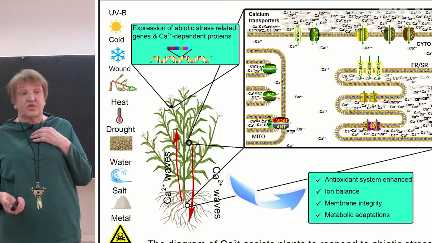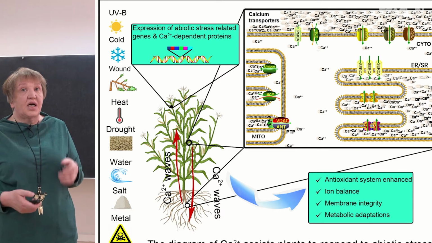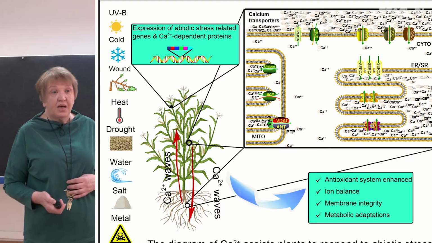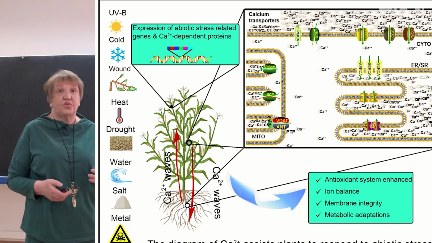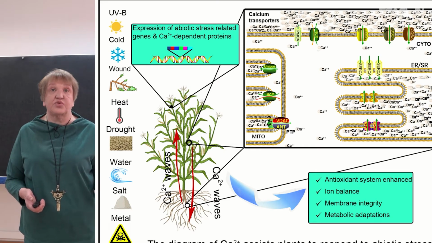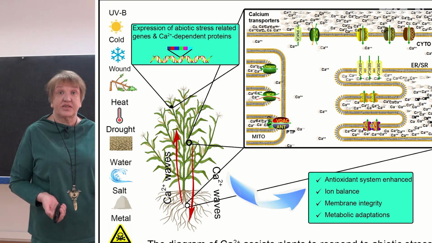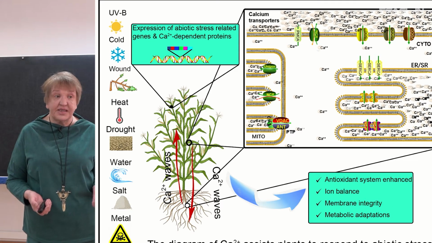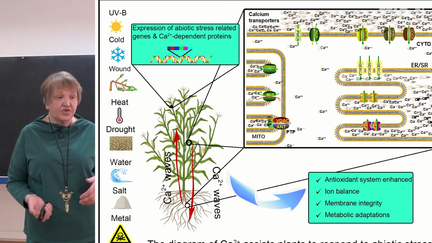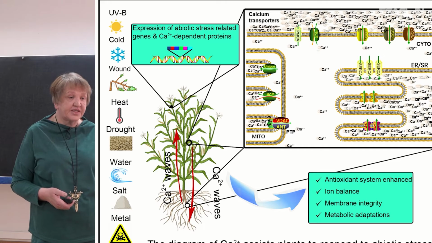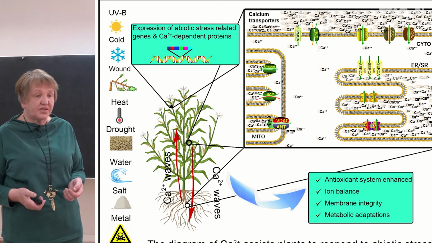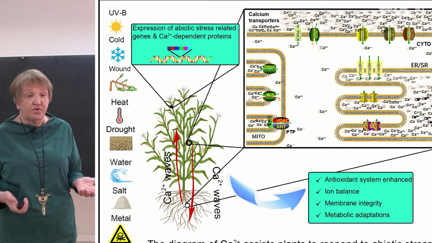So an increase in calcium concentration is kind of a universal stress signal. And we can see increases in calcium concentration in response to such stimuli as ultraviolet light or temperature changes, drought, water deficit, heavy metal stress, and radiation, and so on.